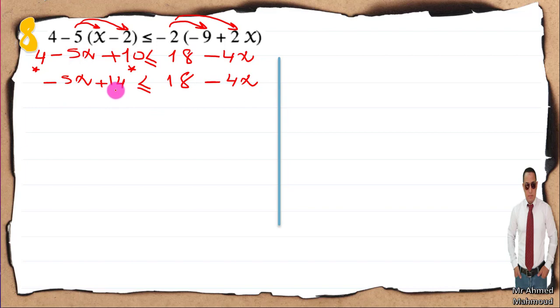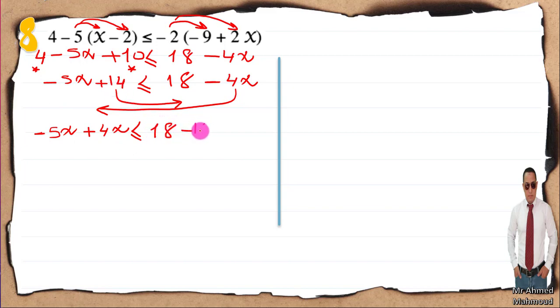Okay, now I'm going to send 14 from left to right and negative 4x from right to left. So it will be negative 5x plus 4x less than or equal 18 minus 14. Negative 5 plus 4 equals negative 1x. So it is negative x less than or equal 4. 18 minus 14 equals 4. Now I'm going to divide by negative 1.